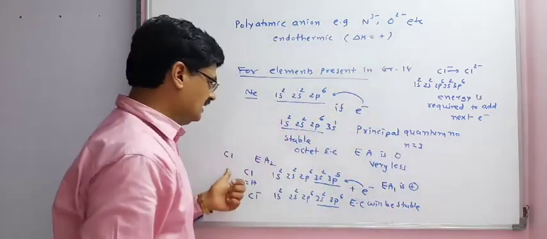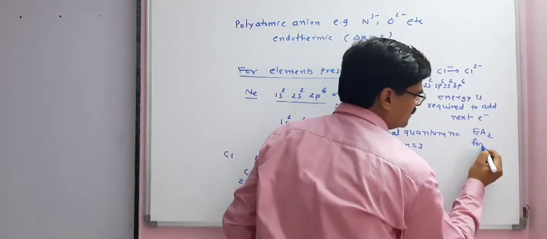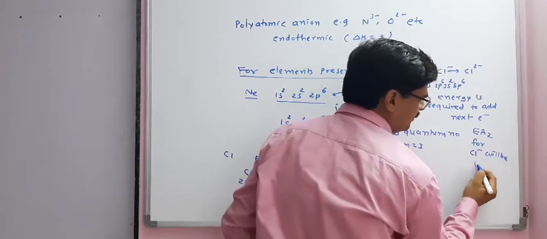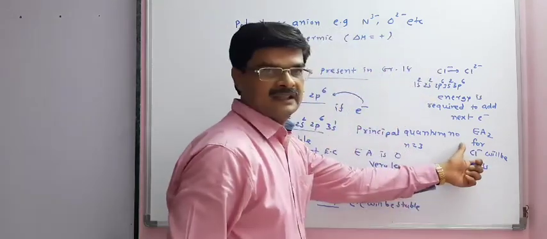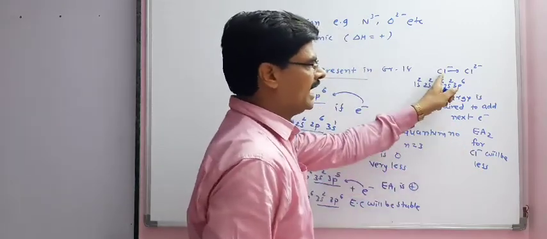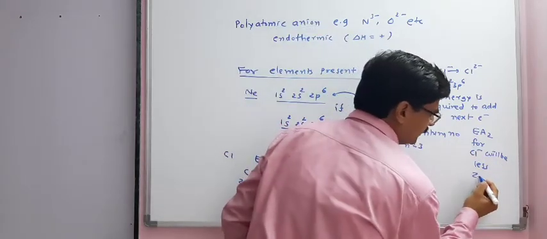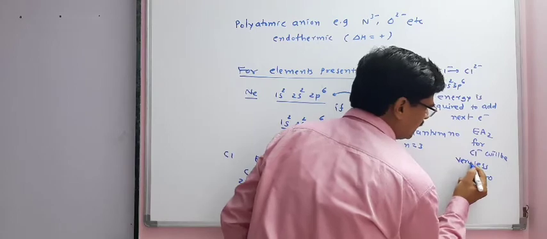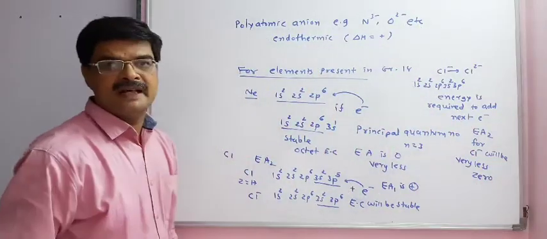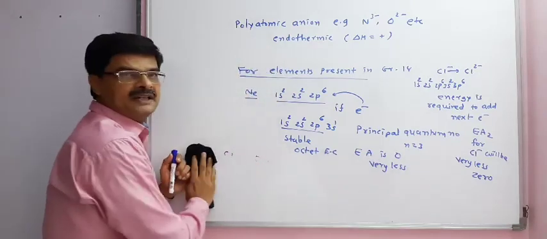Therefore electron affinity 2 for Cl minus will be less. Energy is to be supplied to enter the next electron, so EA2 is very less or 0. Now we understand the factors on which electron affinity depends.